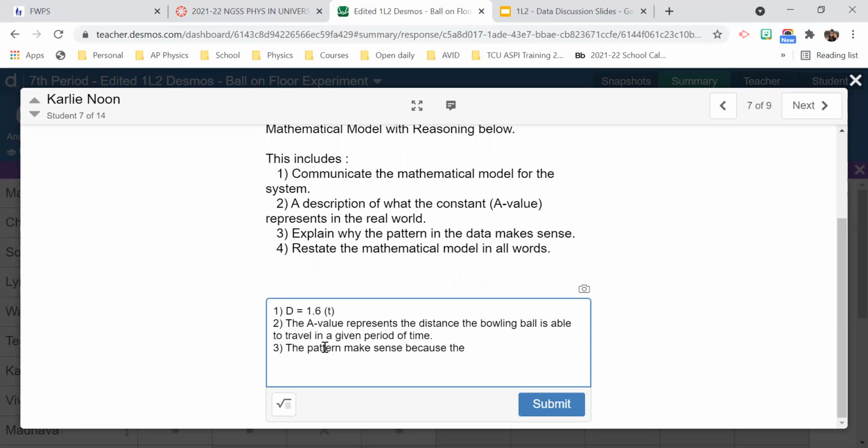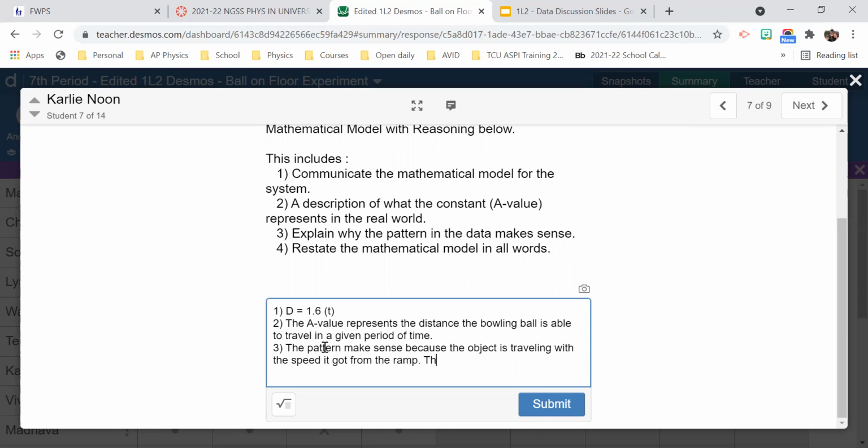So it's only going to travel with the same speed it had before. So the pattern in the data makes sense because the object is traveling with the speed it, trying to figure out the best word, achieved, attained, got. I'm going to go with got from the ramp.